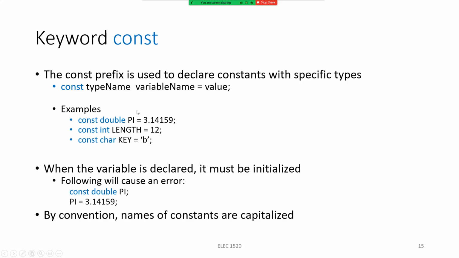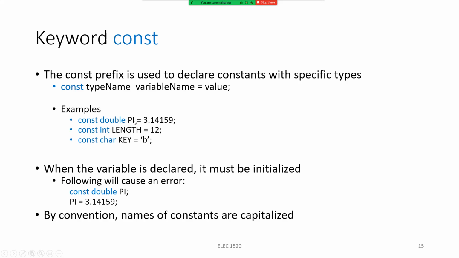If you want to make a constant for pi, pi always stays pi. We don't do anything to change it. So we'd want a way to use this variable name in our code and prevent accidentally overwriting it. So the const prefix says this has to be held constant throughout the program.